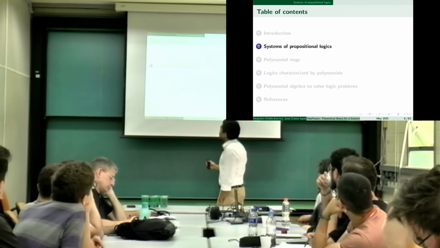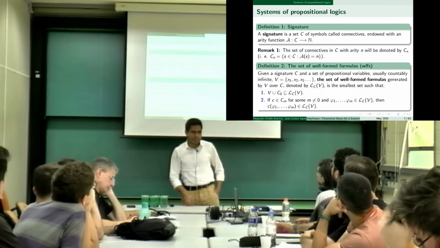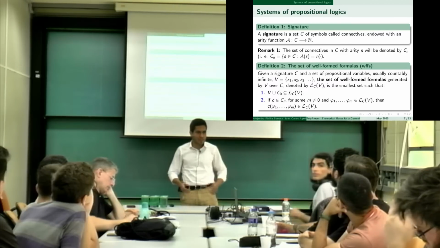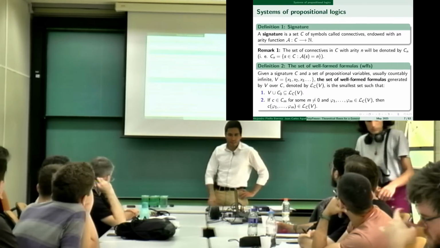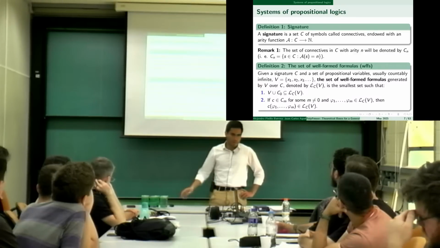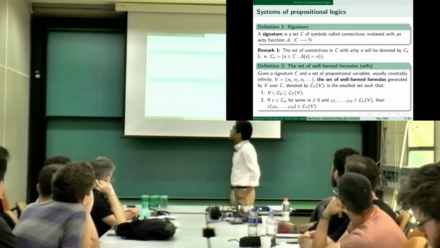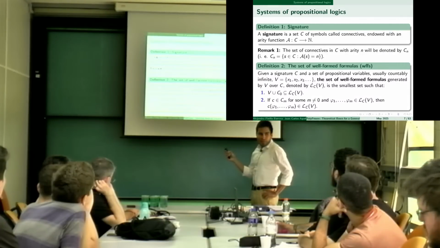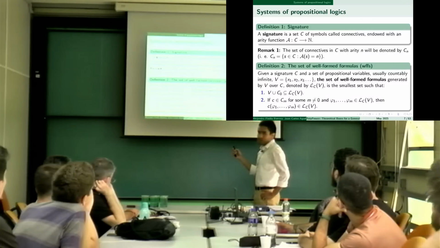Okay, you know that there are many different logical systems, but we are going to tackle a subset of these logical systems. So remember that to define a logical system, we need 2 things: a set of well-formed formulas and a consequence relation. This is pretty standard. To define a set of well-formed formulas, you just need connectives, each one with its own arity, and a set of propositional variables, okay?